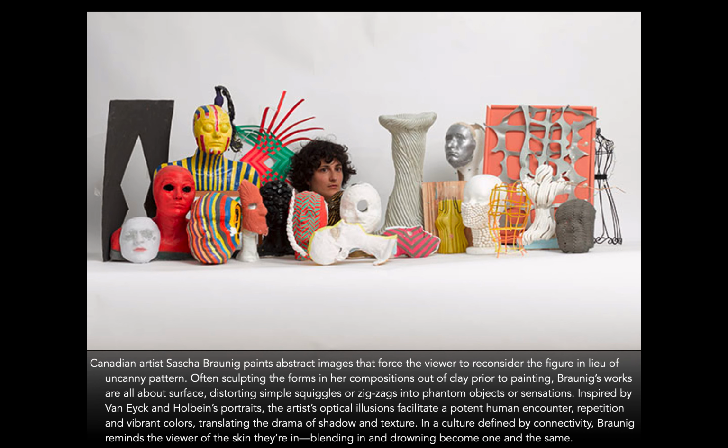Inspired by Van Eyck and Holbein's portraits, the artist's optical illusions facilitate a potent human encounter, repetition and vibrant colors, translating the drama of shadow and texture. In a culture defined by connectivity, Braunegg reminds the viewer of the skin that they're in, blending in and drowning, becoming one and the same. So this is a great, hilarious photo of her taken in her studio amongst her models.